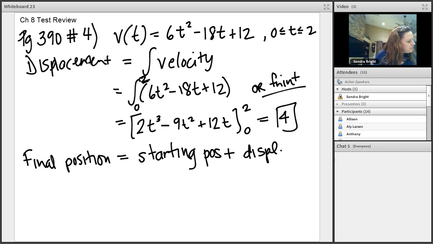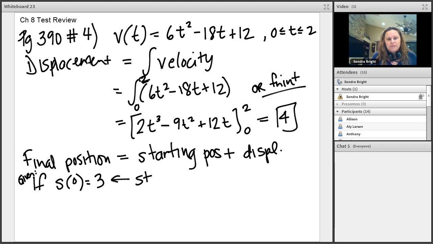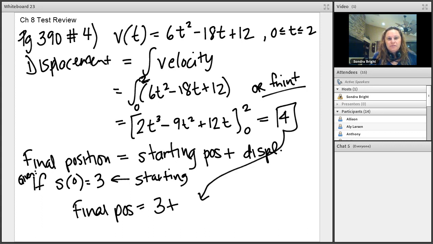The directions say to find the final position given that s of 0 equals 3. So that's your starting position, since they're telling you the position at time equals 0 is 3. So the final position will be 3 plus the displacement you just found, which is 4, and so the final position is 7.